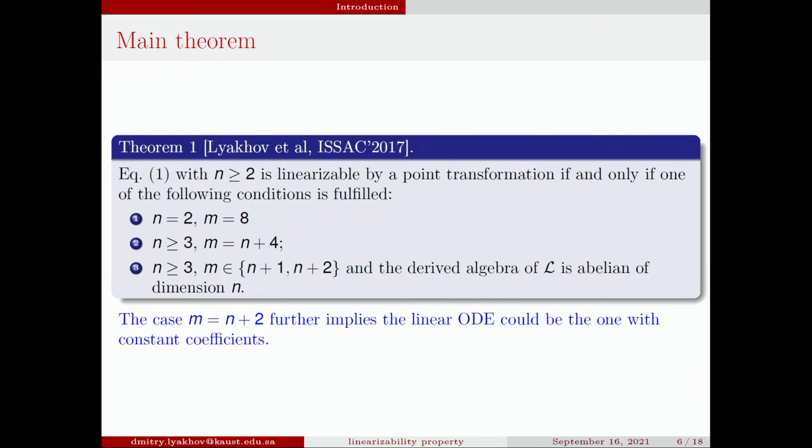Like they have some non-zero coefficients. And especially for the last case, when the dimension equals n plus 2, it implies equation 1 can be transformed to a linear ODE with constant coefficients. So this special case actually gives us a very interesting algorithm, which I will mention later.